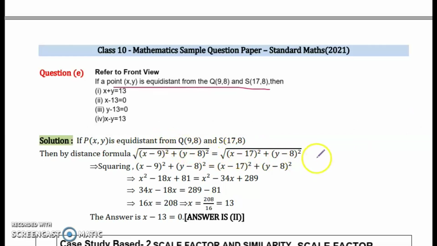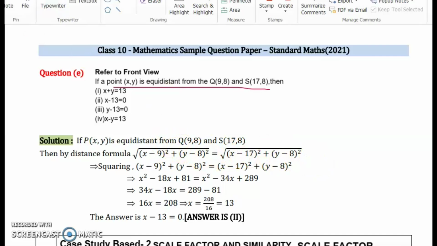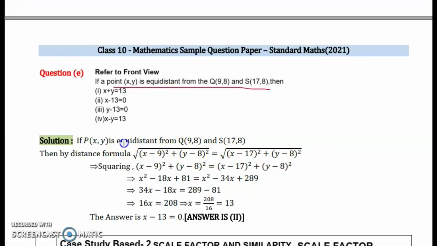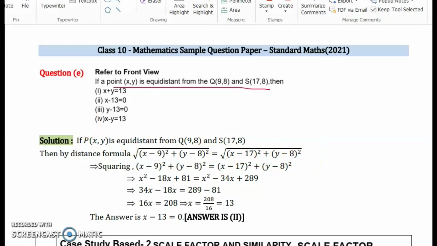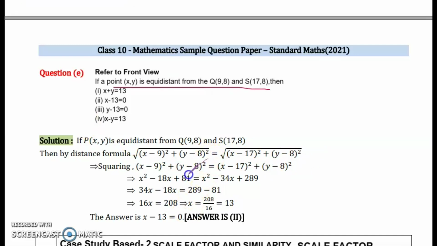That is x minus 9 the whole square plus y minus 8 the whole square equal to x minus 17 the whole square plus y minus 8 the whole square. Here naturally this y minus 8 will get cancelled. Now make the expansion of x minus 9 the whole square and x minus 17 the whole square. After the expansion, x square will be cancelled out.